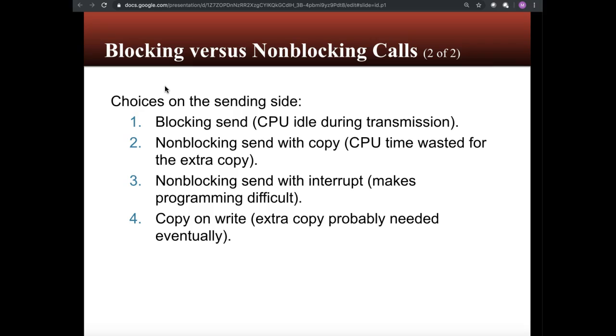Something I don't know we've talked about much is this idea of copy on write. I think we talked about it in file systems and maybe in memory management.